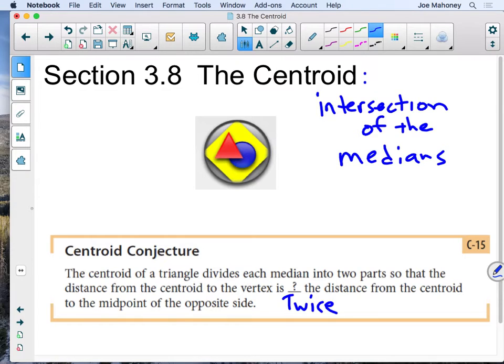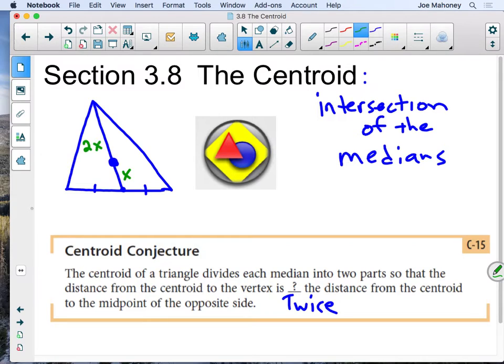That's really wordy. Let's take a look at it in a picture. Here's a triangle. Here's a median. Here's the centroid. What it means is that the distance from the centroid to the midpoint of the opposite side, if I call that distance x, the distance from the centroid to the vertex is twice as big.